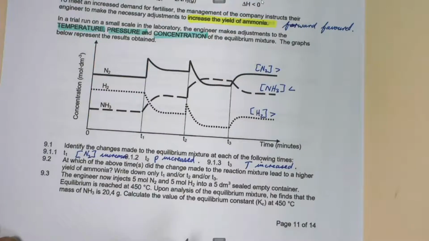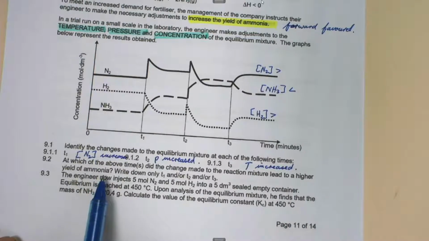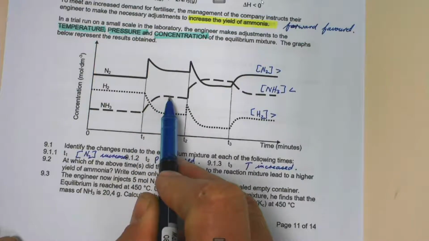9.2, they ask you, at which of the above times did the change made to the reaction mixture lead to a higher yield of ammonia? Okay, so if I look at my ammonia, here is my concentration of ammonia. At T1, the concentration increased. So I'm happy with that.